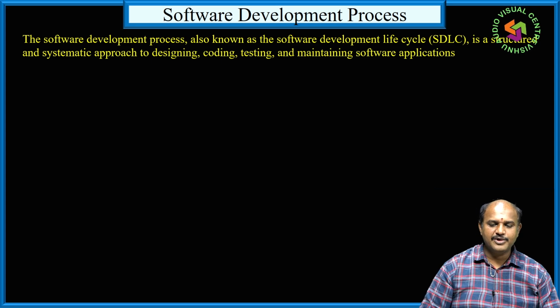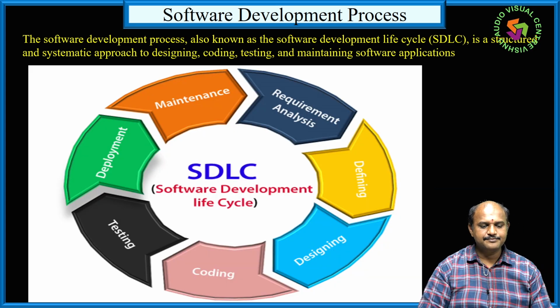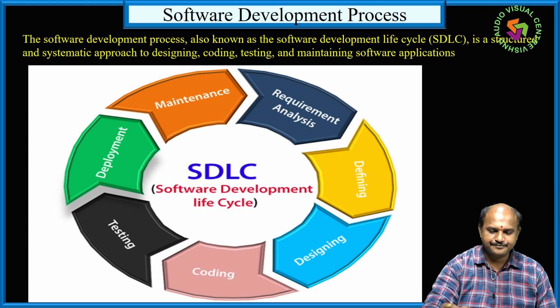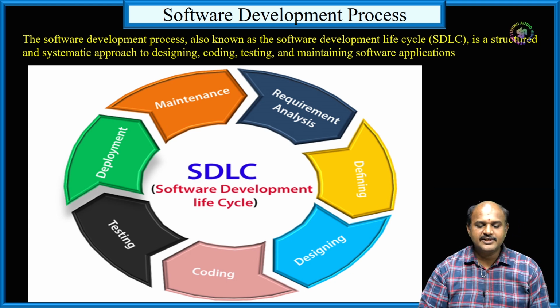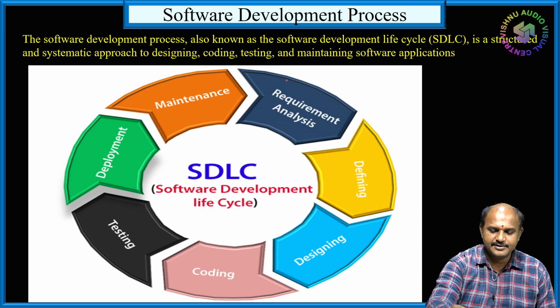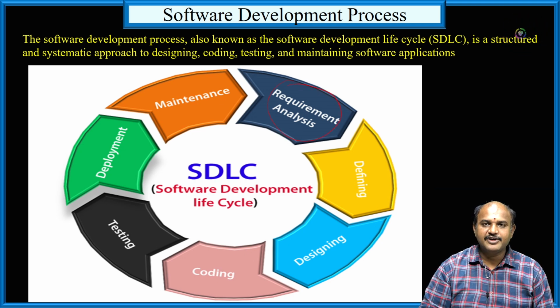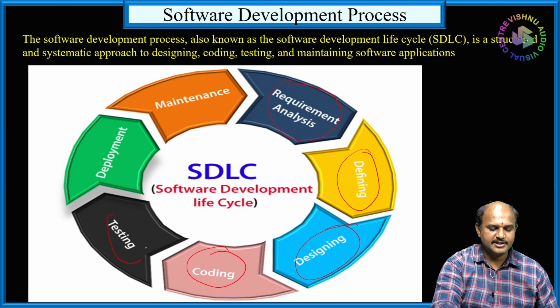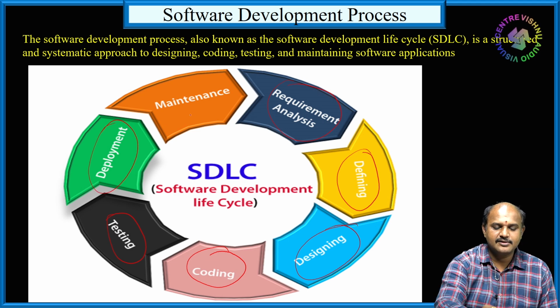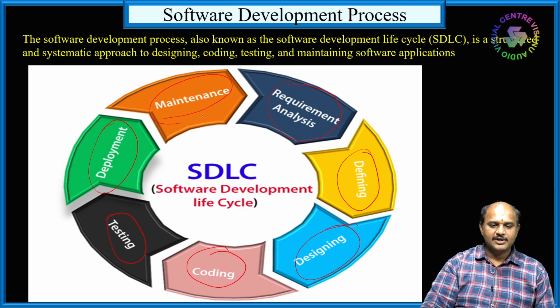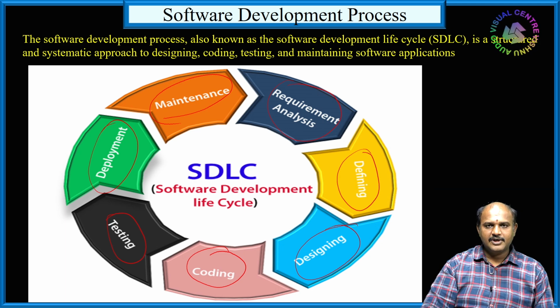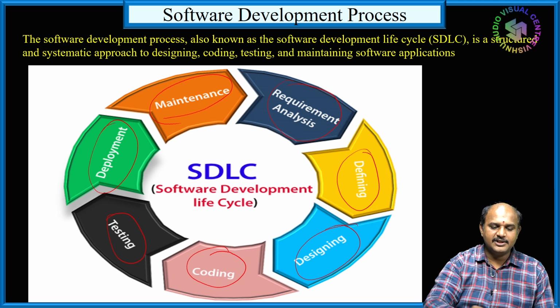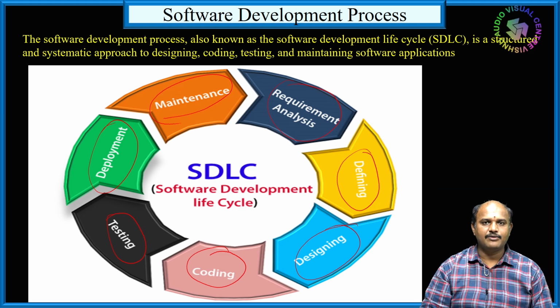Coming to this diagram, there are 7 stages. The first one is requirement analysis. Second is the definition phase. Next, the designing phase, then the coding phase, testing phase, development phase, and lastly the maintenance phase. While developing any project, these are the major steps involved for a successful project.